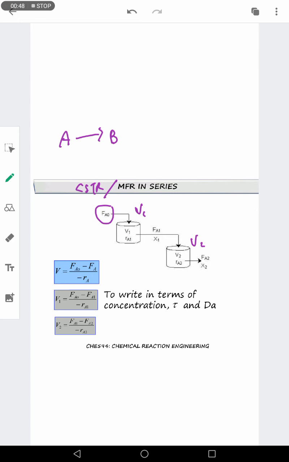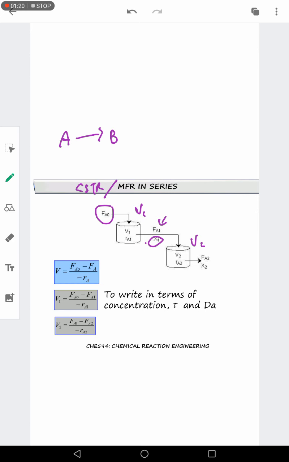So reaction happens, for example, in this first reactor, and then the conversion somehow achieved, we regard that as X1, which is the conversion that happens in the first reactor. And there will be remaining reactants, and these remaining reactants will be going into the second reactor, for example.